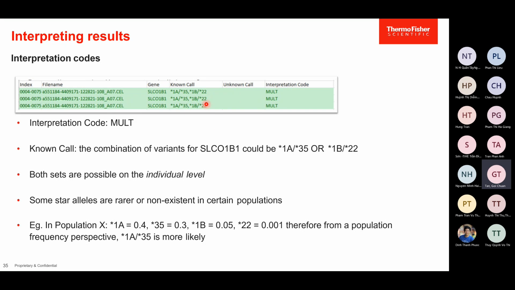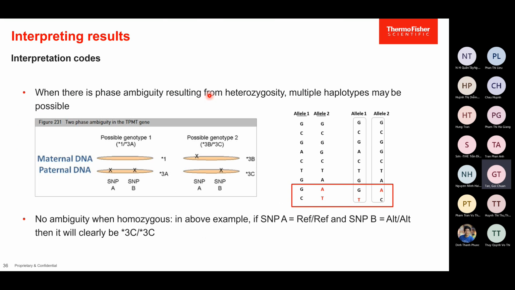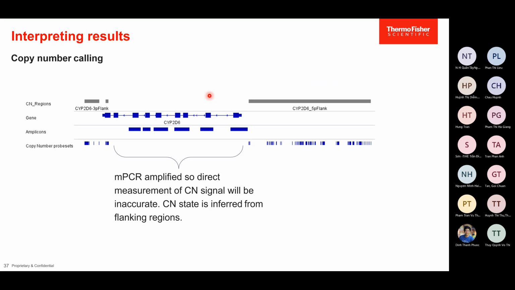Like for example, from the database, we know that *32 is 0.001 in the populations. So this *1A and *35 is more likely to be the answer instead of the *1B/*22. Okay, this one we explained already.